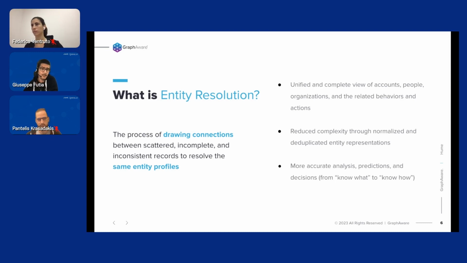We can reduce the complexity because we are able to manage normalized data on the one hand, and on the other hand, we are able to reduce or remove duplicated information coming from multiple records. If we are able to achieve a high quality source of data, then we can perform more accurate analysis and prediction, and at the end of the day, make better decisions.